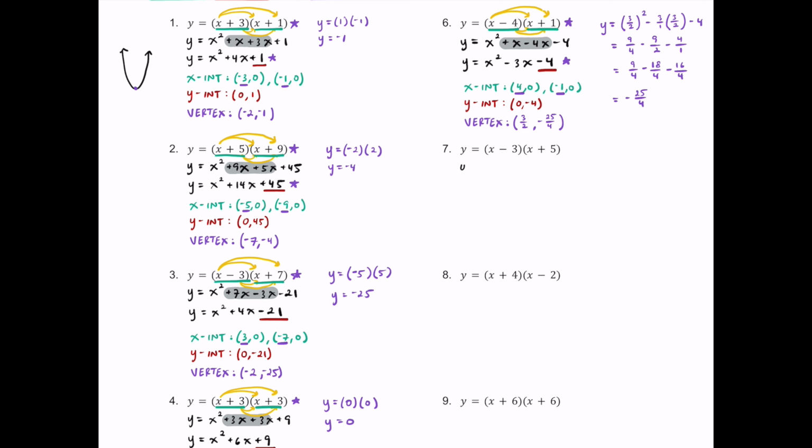All right, for number 7, let's go ahead and do the same thing. See if you can follow along here if I do a little less talking. Go ahead and combine those like terms. There's our trinomial. For our x-intercepts, take a look at the binomials, see what makes them equal 0.